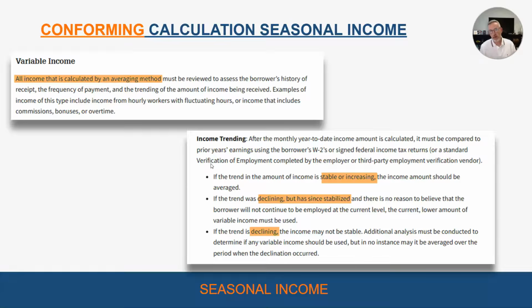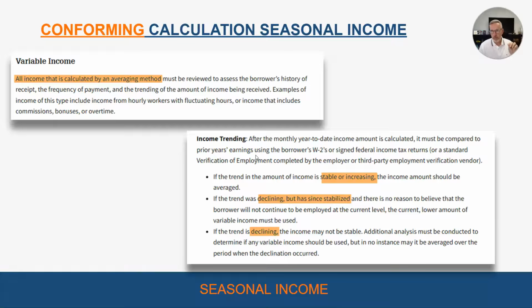So when you look up in the conforming guidelines, this is Fannie Mae. All income is calculated by averaging method. Well, variable income or seasonal income would qualify that way. Now, what math do you do to show stability? Well, according to the income trending analysis, which is a paragraph or 2 down from the description of variable income, you basically take the year to date, the last year's income, which in this case would be 25's year to date.